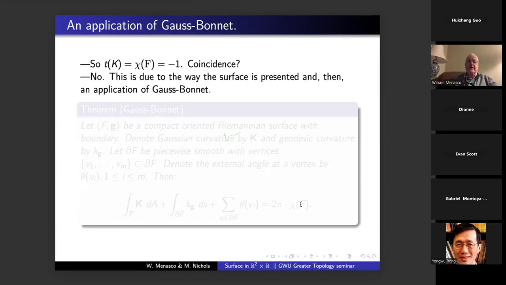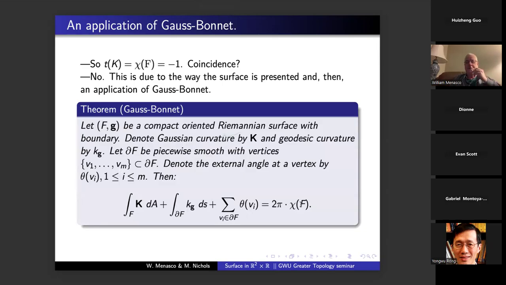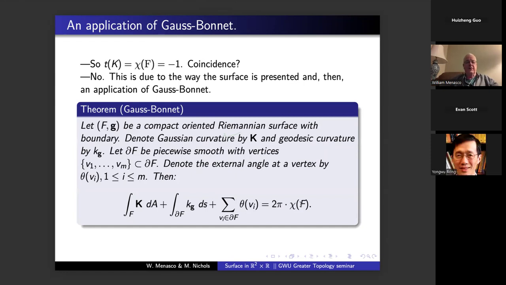It's actually a result of an application of the classical Gauss-Bonnet result. And let me remind you what that is. This is something our students see in an undergraduate differential geometry course on curves and surfaces.